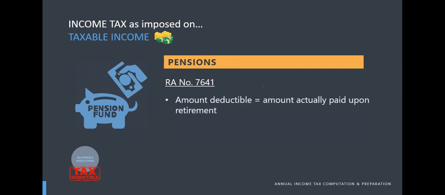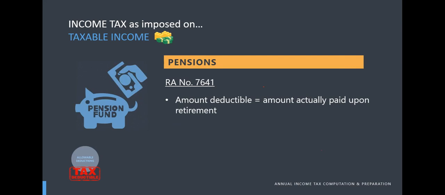Under this Republic Act, the amount deductible is equivalent to the amount actually paid upon retirement. So for tax purposes, whatever is the amount actually paid, if there is no reasonable private benefit plan, if the company does not have that private plan for its employees, then the amount that should be allowed as deduction is only the amount actually paid upon retirement.